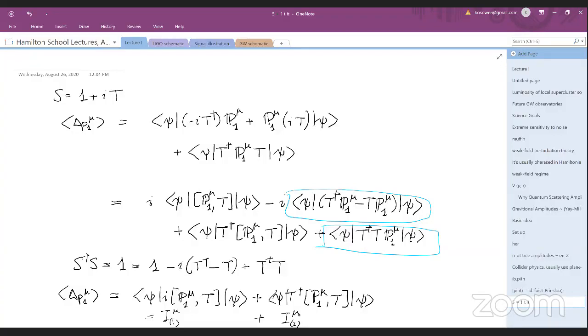So now we should play around a little bit with this expression. And we should start to plug in our form for the incoming state psi.